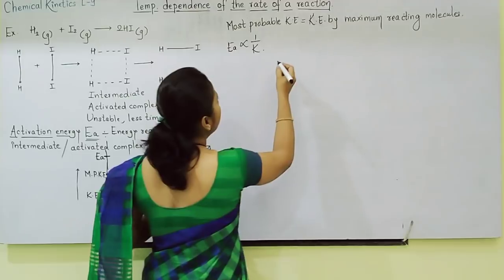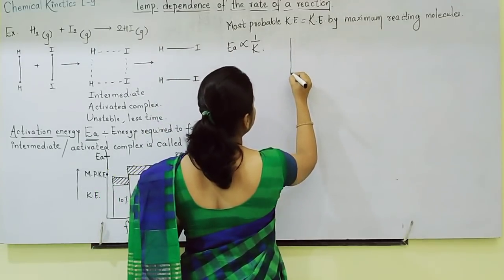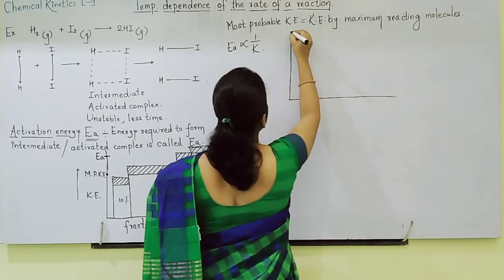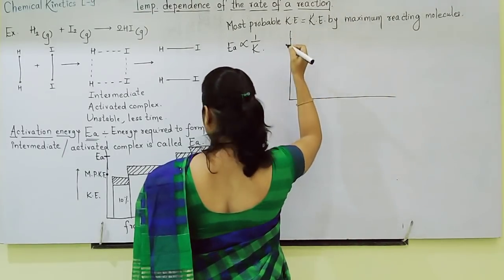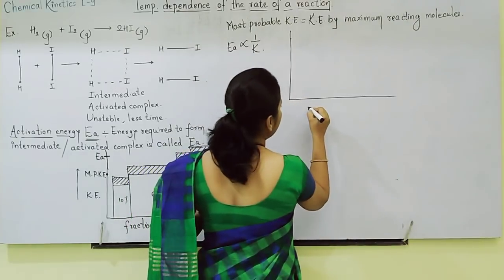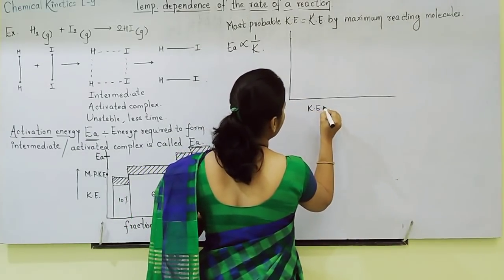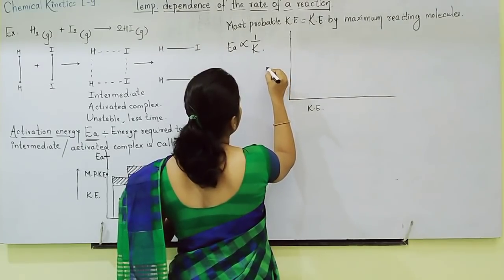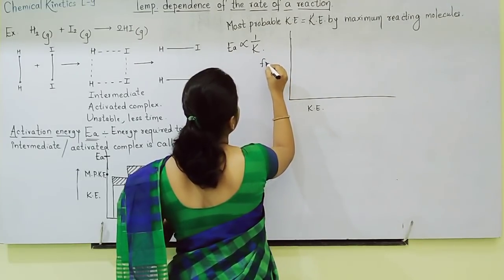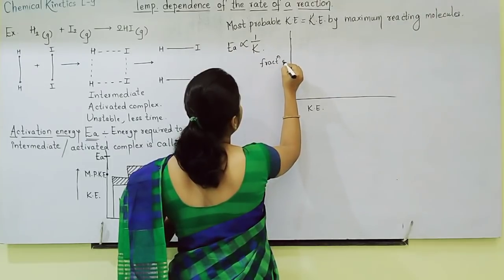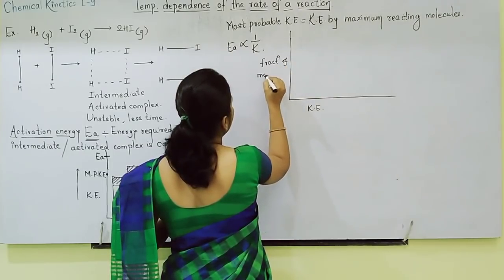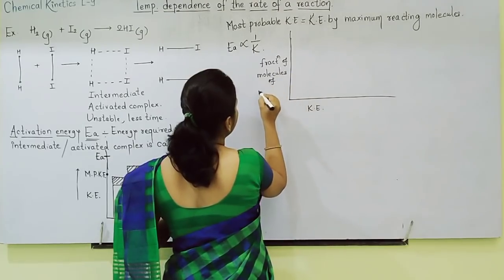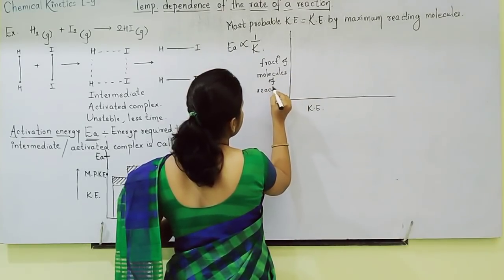The graph is very simple. The graph is plotted as kinetic energy versus fraction of molecules of reactants.